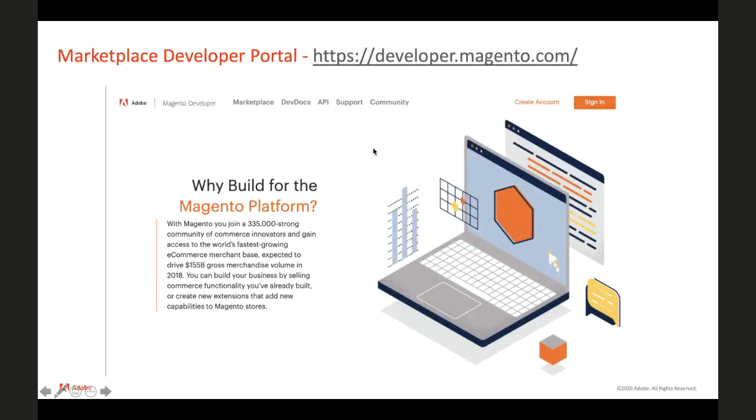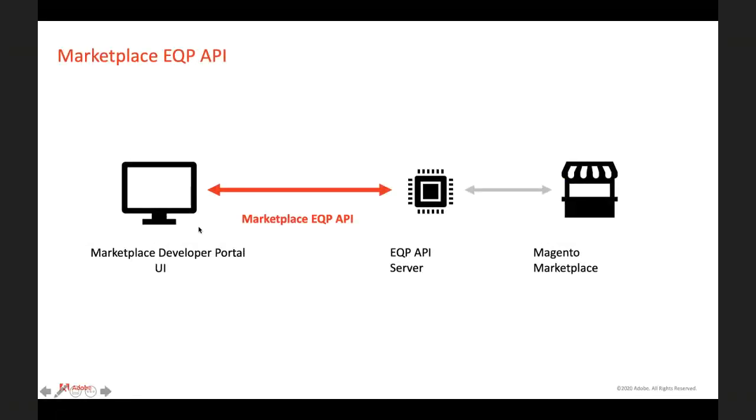So where the API fits, it's this previous picture that we just saw, the dev portal. The dev portal user interface is actually the first customer or client of the API. The API talks to something called the EQP API server. We're not really going to talk much about that, but you can correctly guess that it's the API server that helps coordinate this whole EQP program.